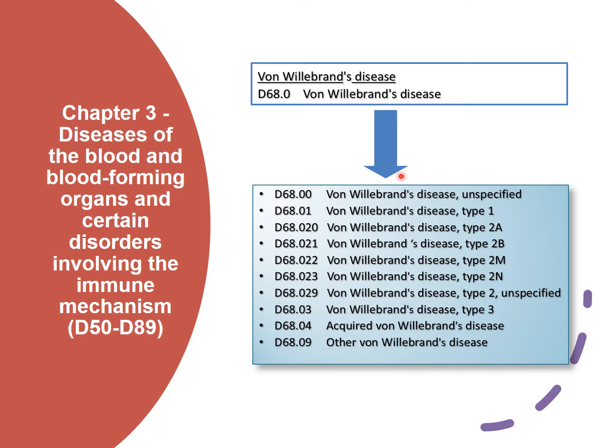These are the 10 codes based on the type of von Willebrand disease. Assign the appropriate code.